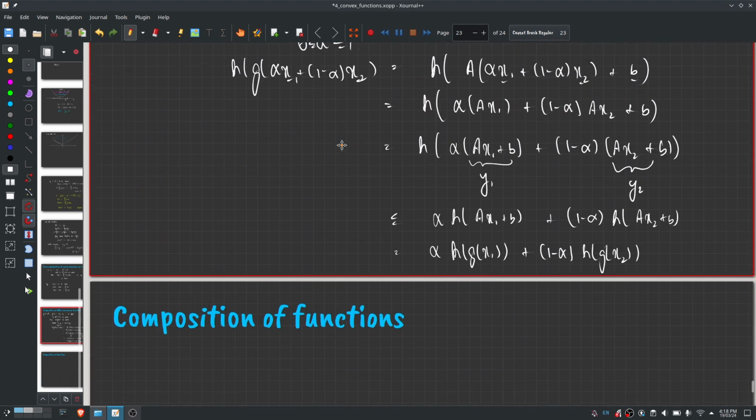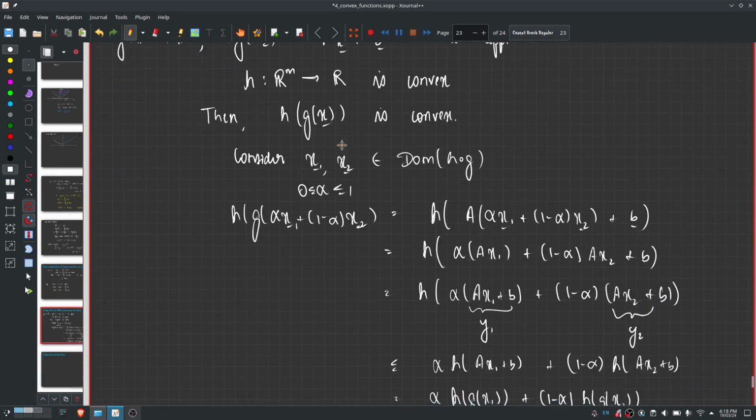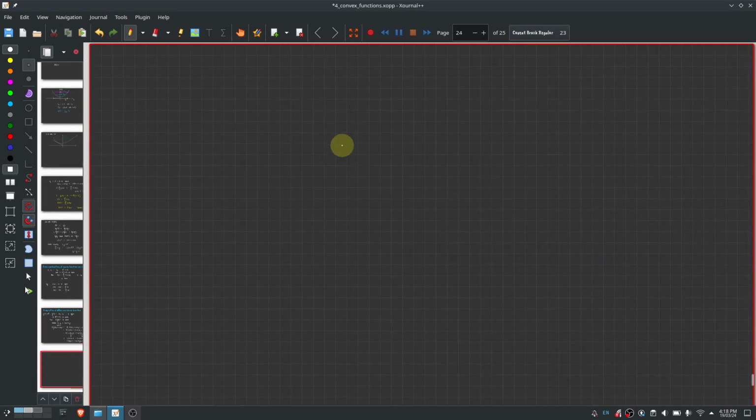Now, another useful way of combining functions is taking the maximum or supremum of different component functions.